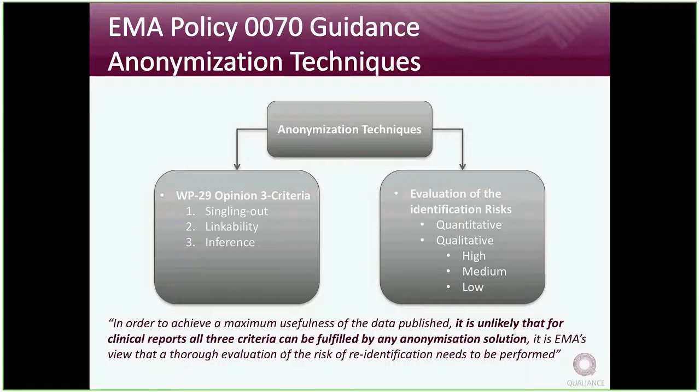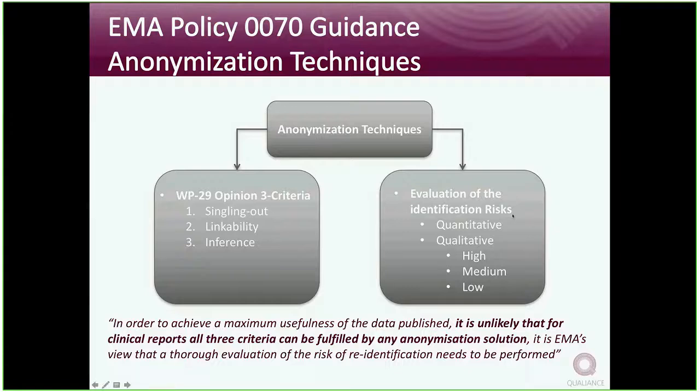Right now, Policy 70 refers to a quantitative risk analysis or a qualitative one, where the studies will be considered as high risk, medium risk, or low risk, and the companies will define rules accordingly to deal with all the important co-identifiers. TransCelerate is providing a guidance around how to conduct the qualitative risk assessment, but it does feel that this qualitative risk assessment is in the policy right now during a grace period.